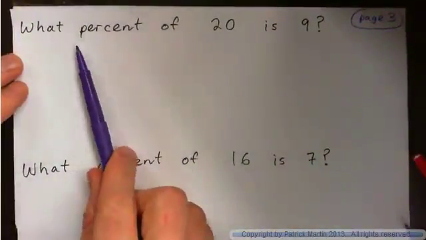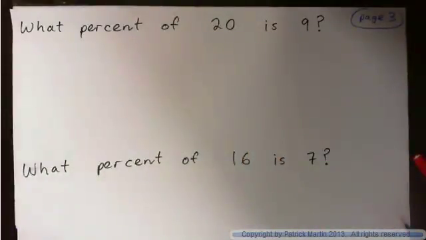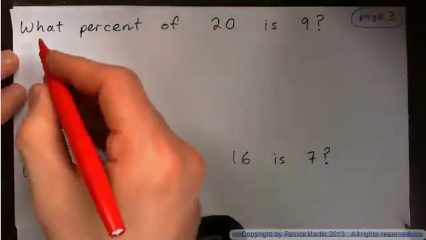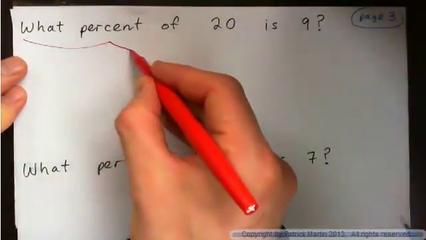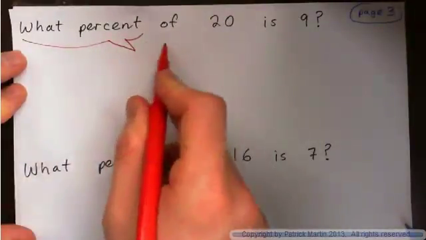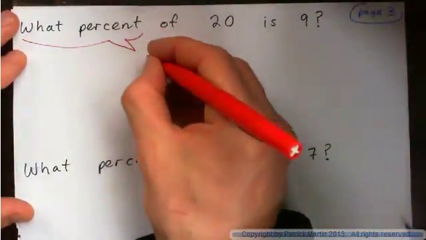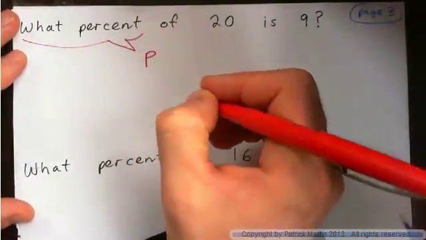So, what percent of 20 is 9? I'm going to set up the equations for all of these just for the fun of it, because I think it's good practice for you. But what percent is something we don't know? Okay, what percent? I'm going to turn this whole sentence into an equation. What percent? I do not know, and I'm going to call it P. It's the unknown.